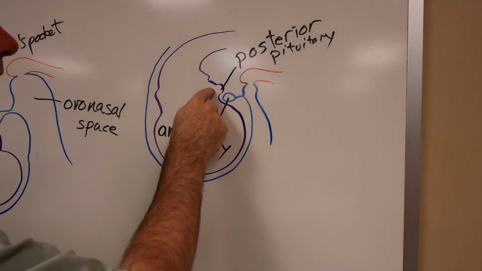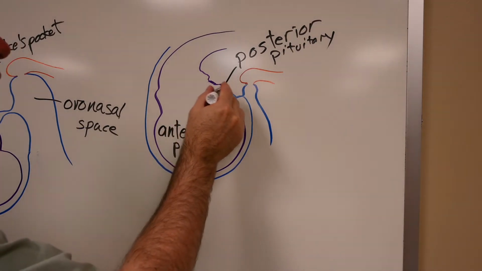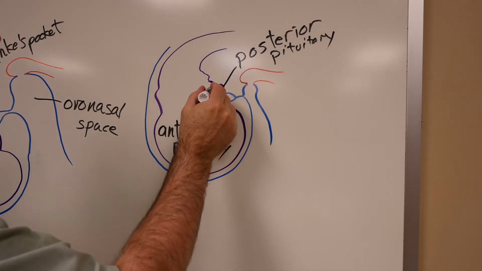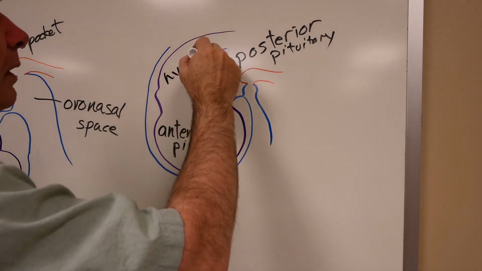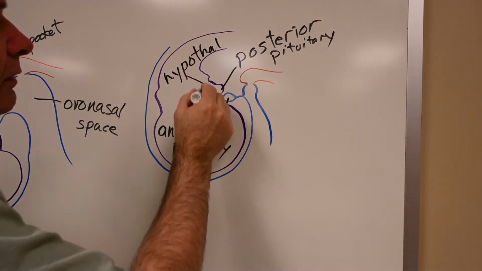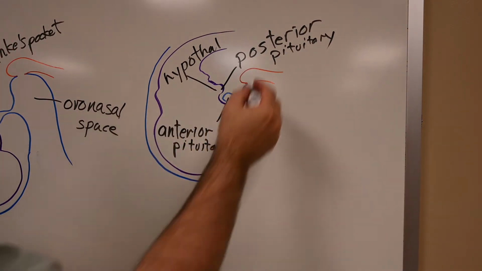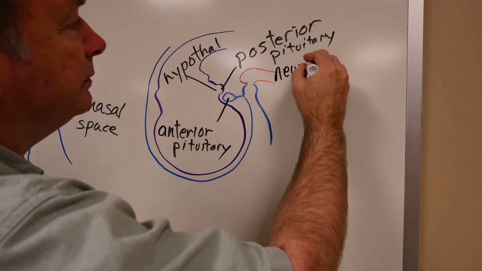A part of the floor of your brain, known as the hypothalamus, produces this little extension that becomes the posterior pituitary. So anyway, this is hypothalamus, that region of the brain right there where we have the posterior pituitary developing. Posterior pituitary is also known as the neurohypophysis.